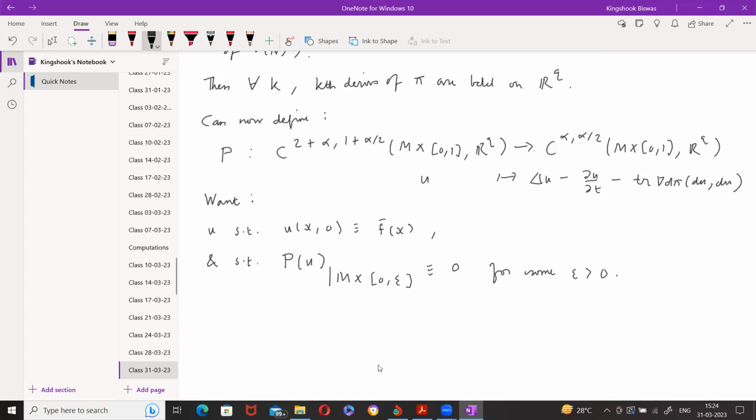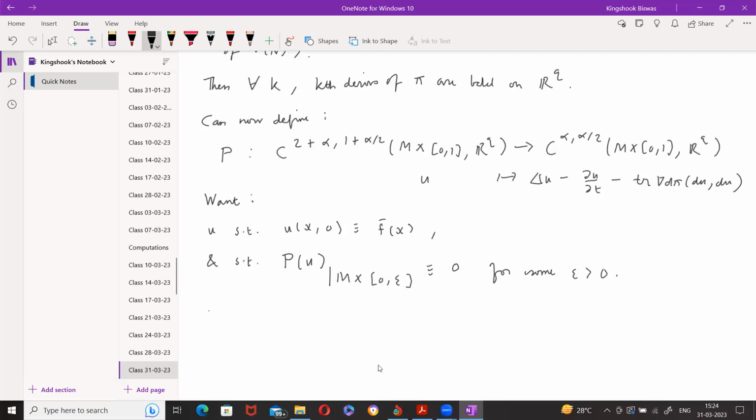So how do we do this? Step 1. The idea is you look at where P is taking values, this alpha comma alpha by 2 Holder space. These are maps defined on M cross 0, 1, so I can think of it as a 1 parameter family of maps from M to RQ.